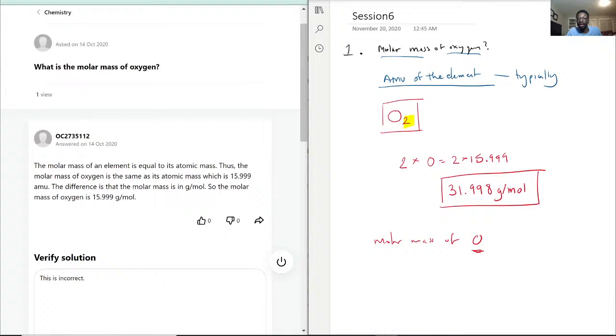But when they spell out oxygen, you have to assume that they mean its natural state, which comes as O2. Like the oxygen in our environment, that's O2. It's not O. So they mean O2, not the element.